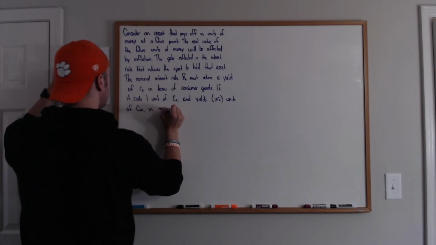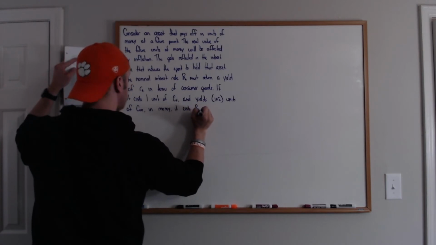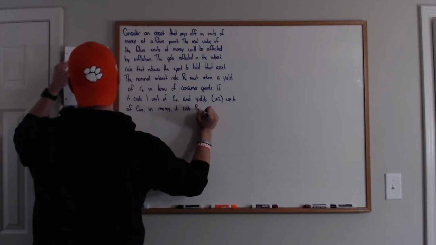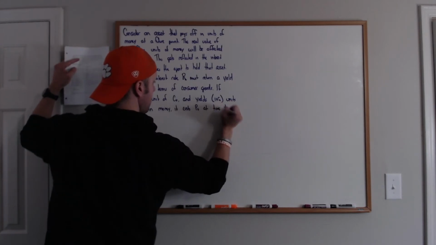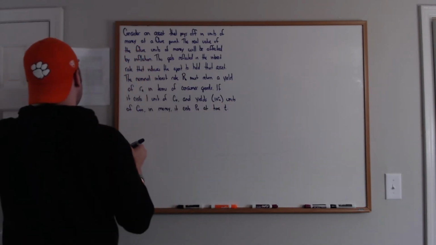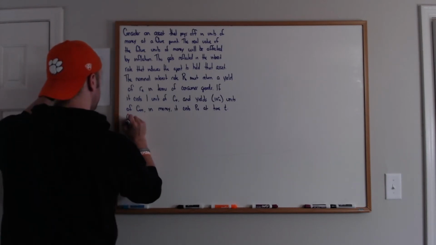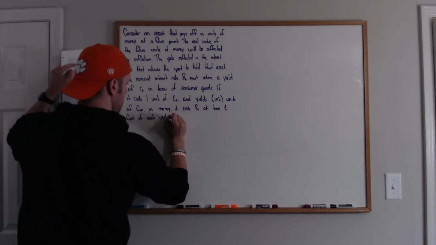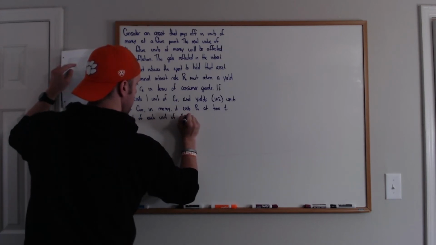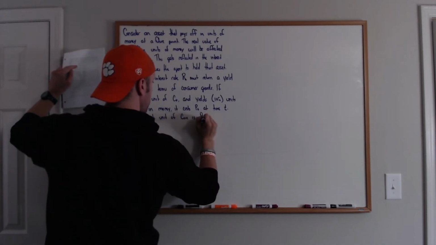In terms of money, it costs P_t. The cost of each unit of consumption tomorrow, C_t+1, is P_t+1.